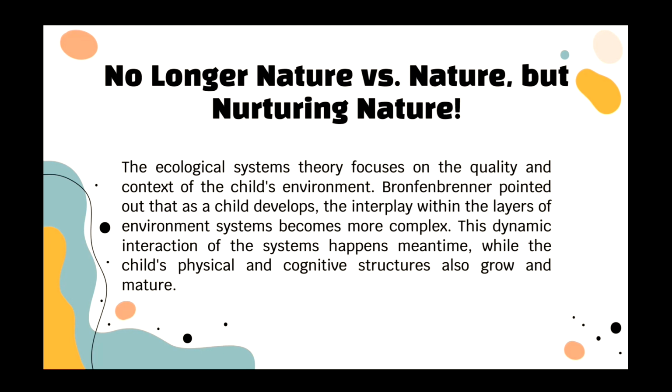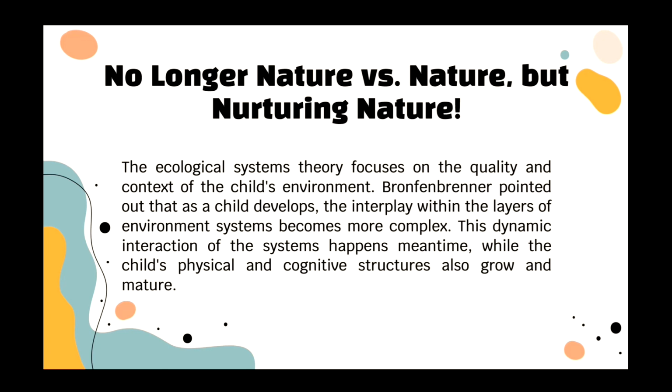So here in Bronfenbrenner's ecological theory, it is no longer nature versus nurture, but it is nurturing the nature. So the ecological systems theory focuses on the quality and context of the child's environment. Bronfenbrenner pointed out that as a child develops, the interplay within the layers of the environment system becomes more structured, and also grows and becomes complex.